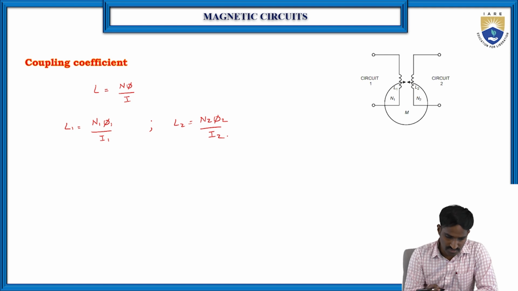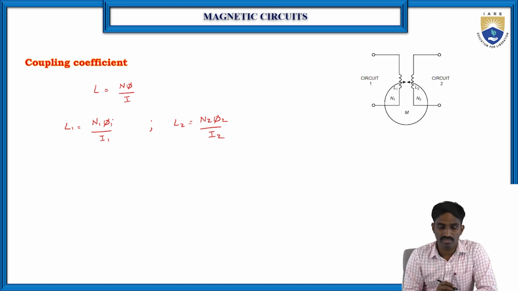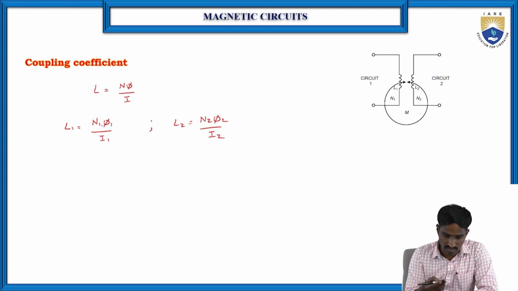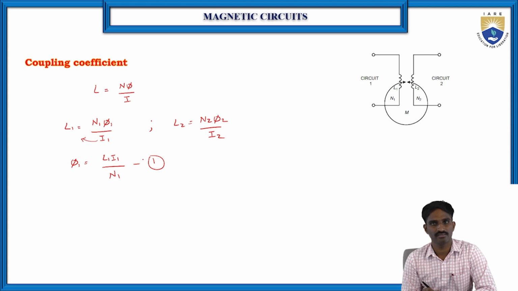From this we can also find phi 1. Phi 1 is equal to L1 I1 by N1. Let us consider this is equation number 1.